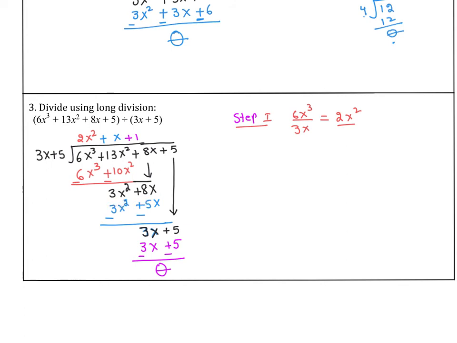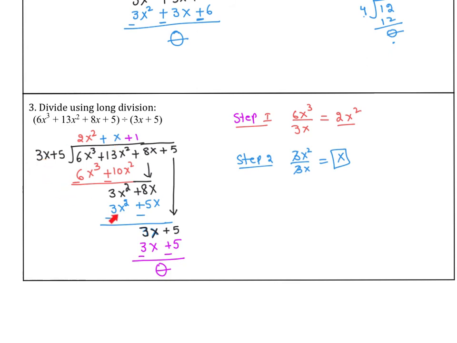Next, for step number 2, what number you choose depends on the first term divided by the first term. So 3x squared divided by 3x is just x. So the next number you're going to choose is x.